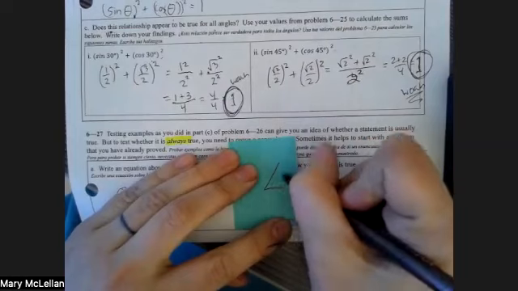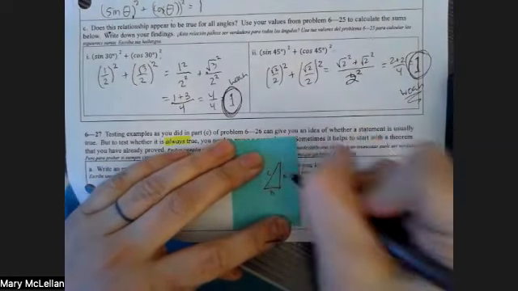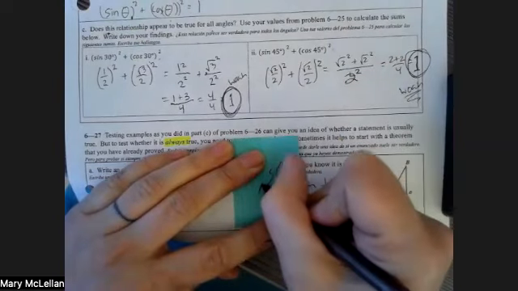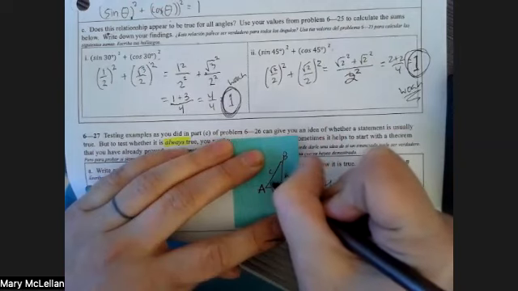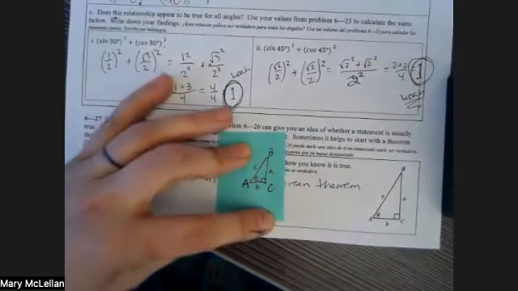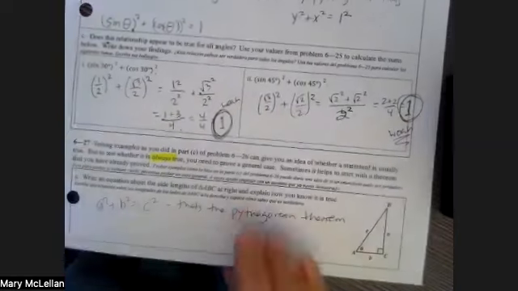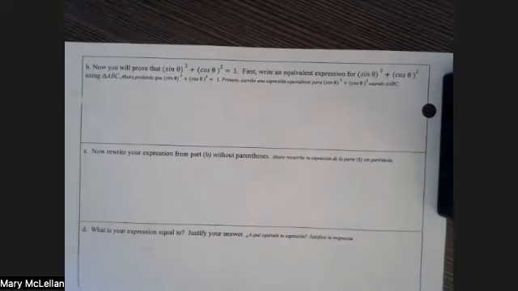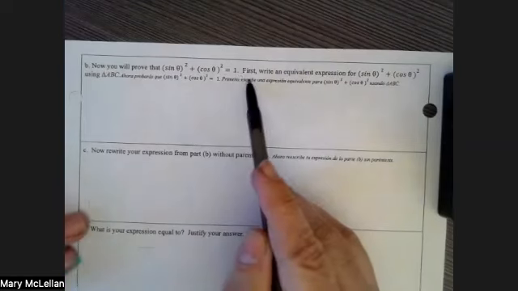This is A, B, C for sides, capital letters for angles A, B, C, and here's theta. I know A squared plus B squared is C squared because that's the Pythagorean theorem. Now I see how it ties in. We have to prove that sine squared theta plus cosine squared theta equals 1.